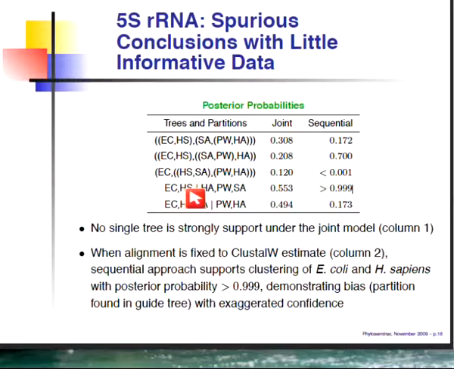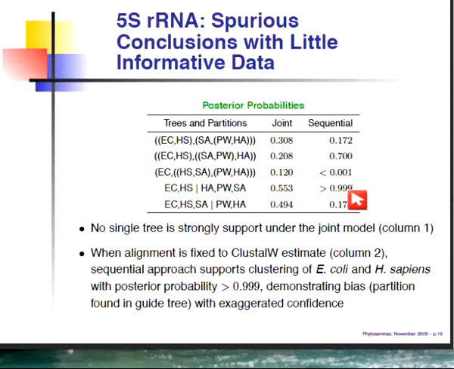However, if you look at the guide tree that ClustalW first assumes, the first thing it does is say those two are nearest neighbors and puts them together, and then no matter what sophisticated analysis you do given that alignment, you get that biased result back.